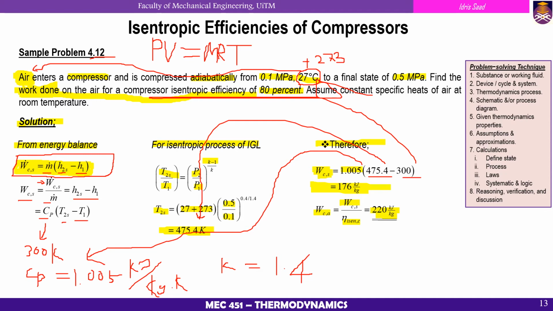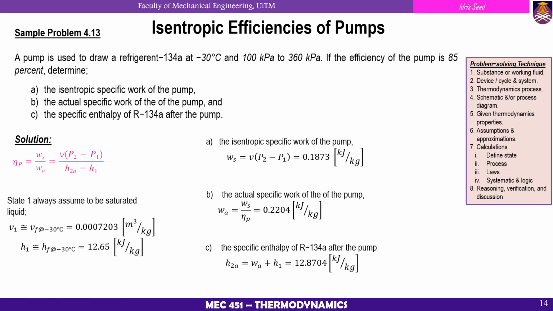You can see here the actual work is higher than the isentropic work. So this is how we use the knowledge of isentropic efficiency of the compressor to solve the problem of the compressor.